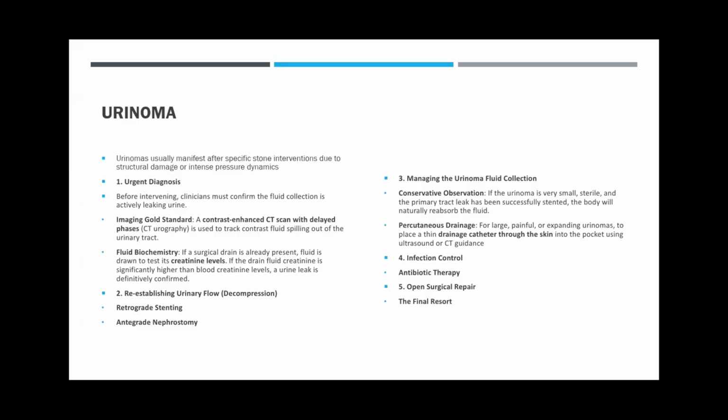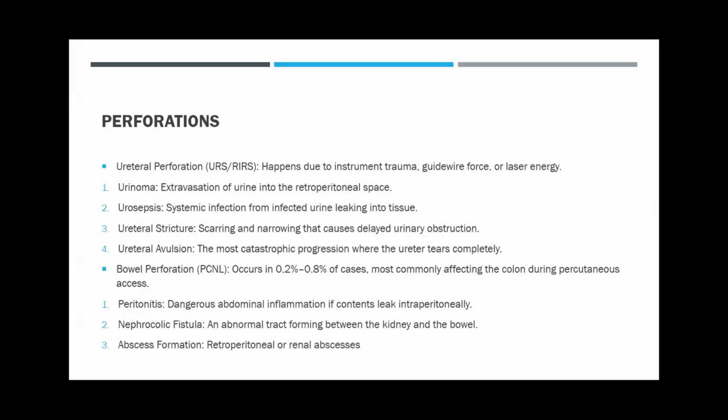For a large, painful, and extending urinoma, we can drain it percutaneously. Then we need also to control the infection with antibiotic therapy, and as a final resort, we can take them for surgical open repair.